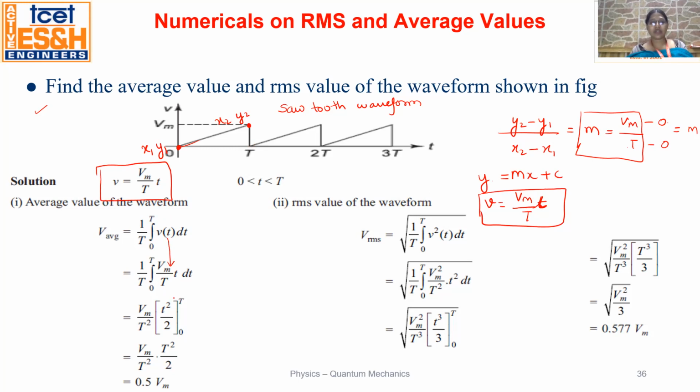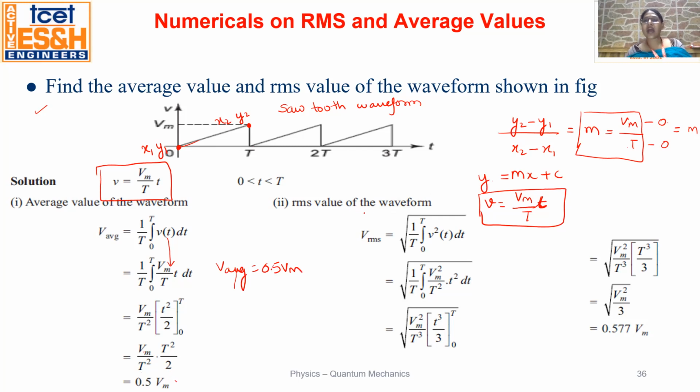After integration you get Vm by T times t square by 2, with limits 0 to T. After putting the limits, V average is equal to 0.5 Vm.